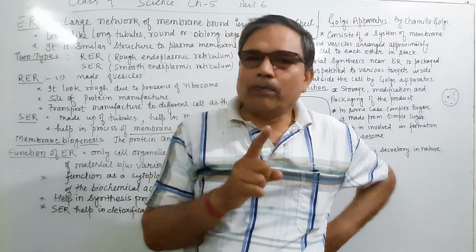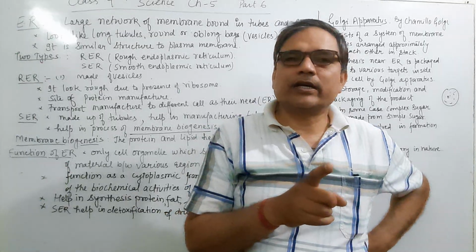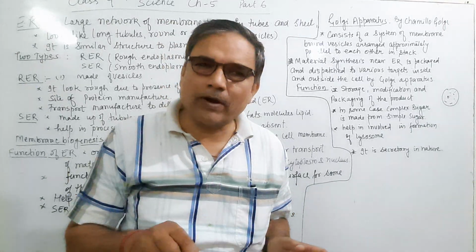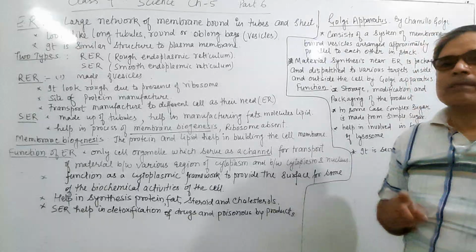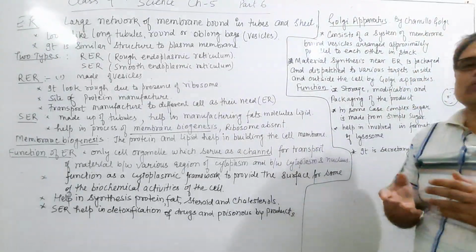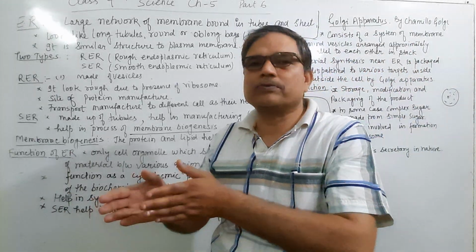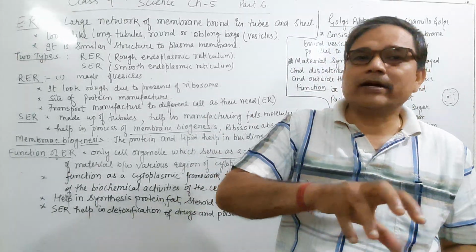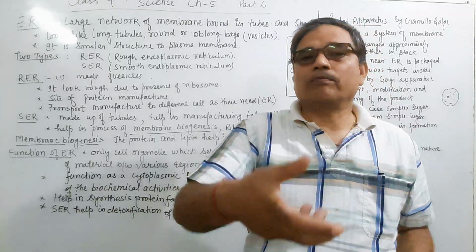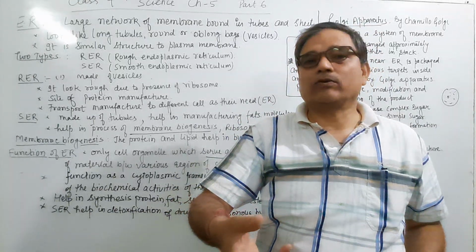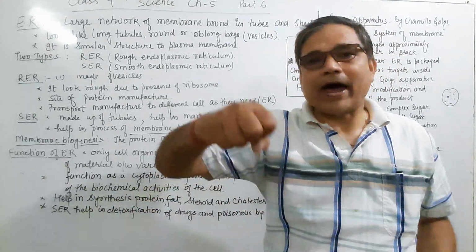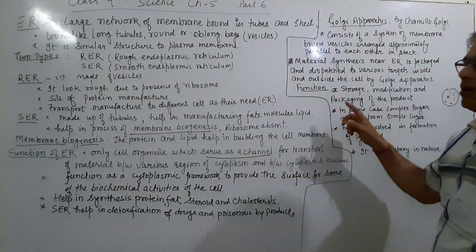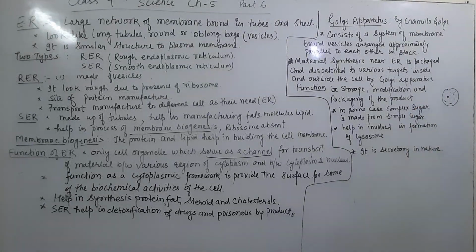The endoplasmic reticulum also acts as a transporting channel, but it works within the cytoplasm or between the nucleus and cytoplasm, while the Golgi apparatus also helps in packaging and dispatching the substances synthesized near the endoplasmic reticulum, inside or outside the cell. That is the difference.